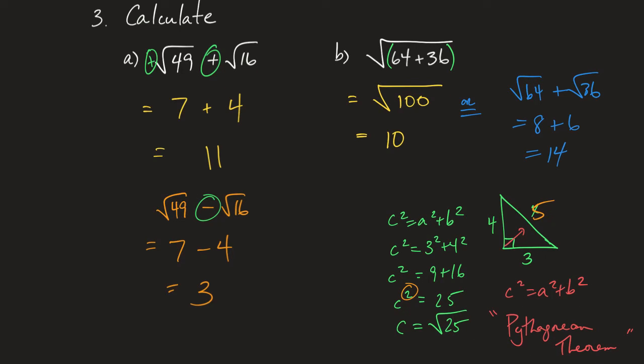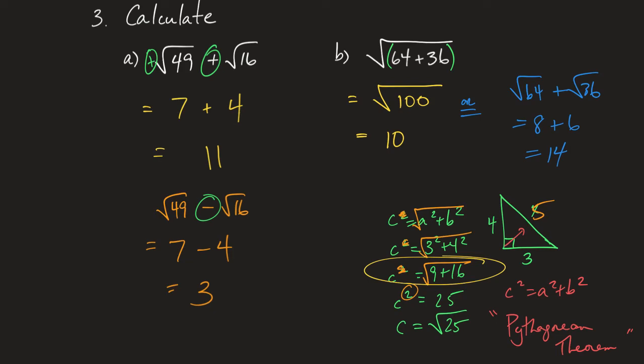If C squared equals A squared plus B squared, then can't I get rid of this squared by taking the square root of the other side? And look at that line that I just put down. Doesn't that look like our original expression? The square root of 9 plus 16. The square root of something plus something.